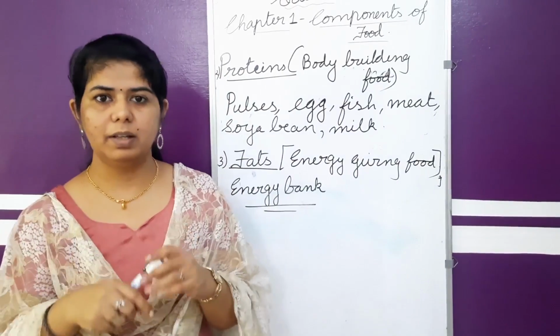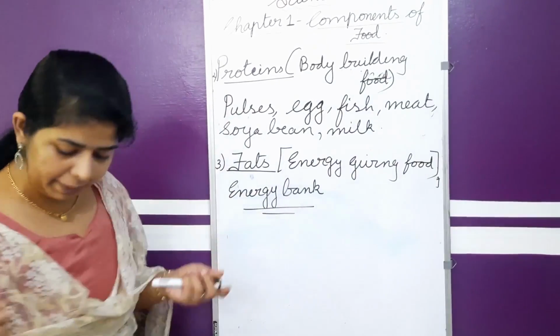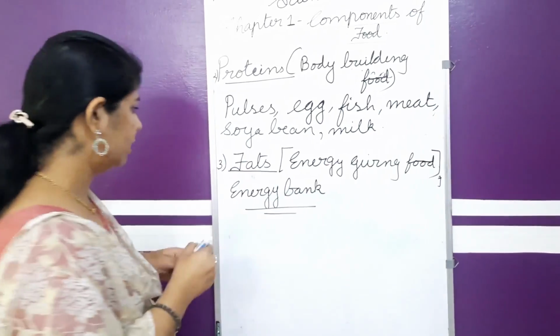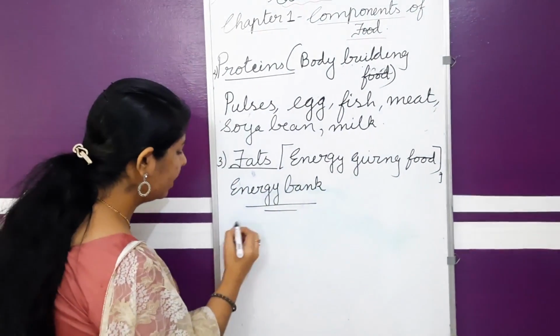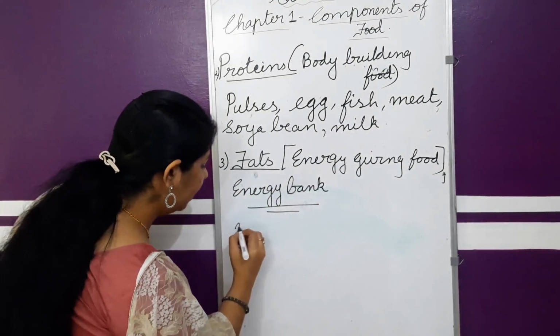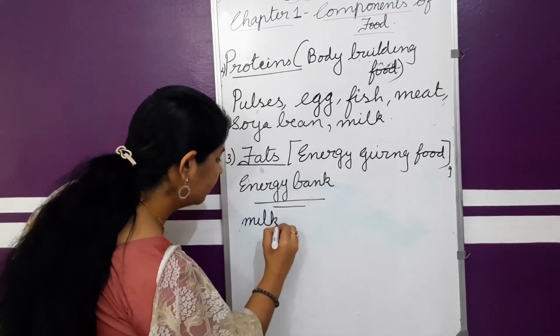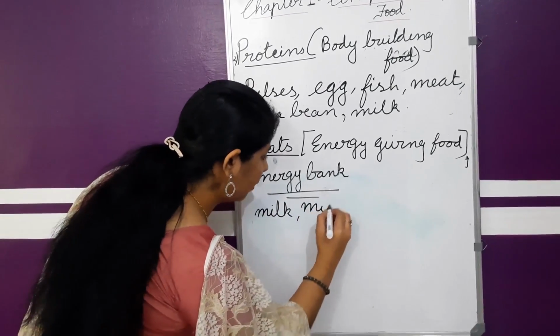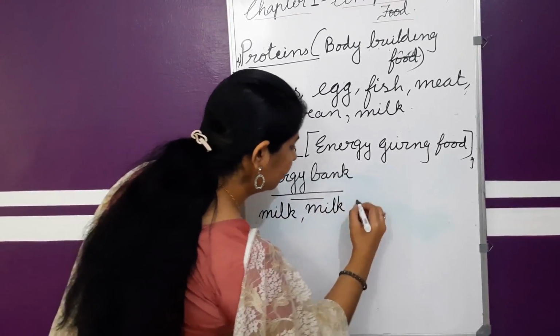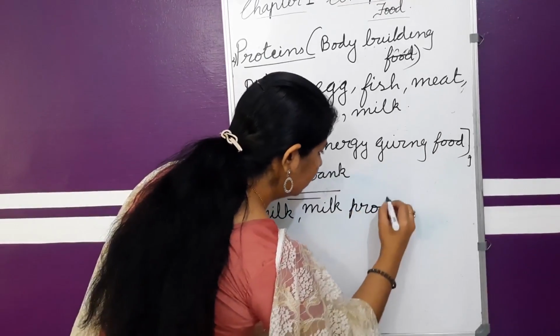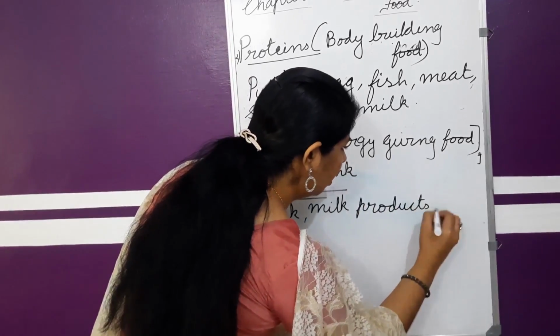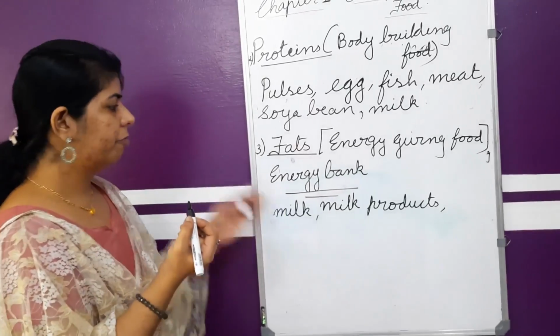And what are the examples for it? The foods containing fats are the milk products, all the milk products, butter, ghee, cheese. All these contain fats.